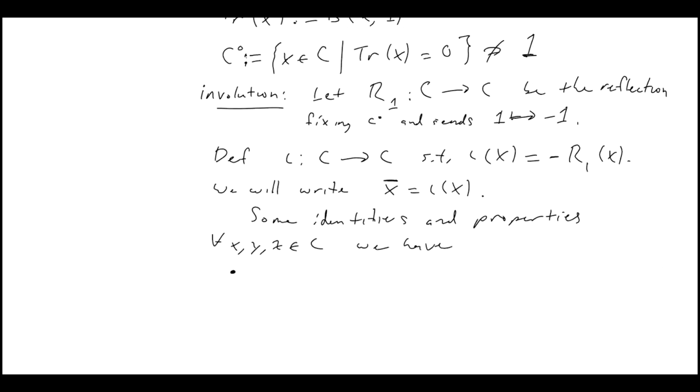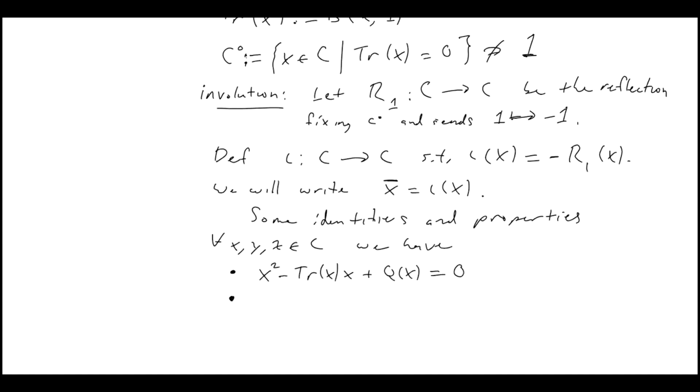Okay, so the first thing which is very important is that these elements in a composition algebra satisfy a quadratic minimal polynomial, a quadratic characteristic polynomial. So in particular, x squared minus the trace of x times x plus the quadratic form of x is equal to 0. I'll prove this in a moment. And this is a really important identity for the structure of these composition algebras.